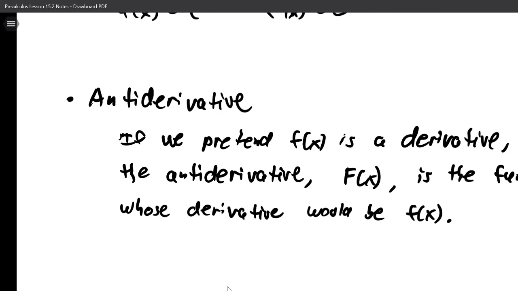Okay? So here's how antiderivatives work with polynomials. It looks like this, antiderivative rules.